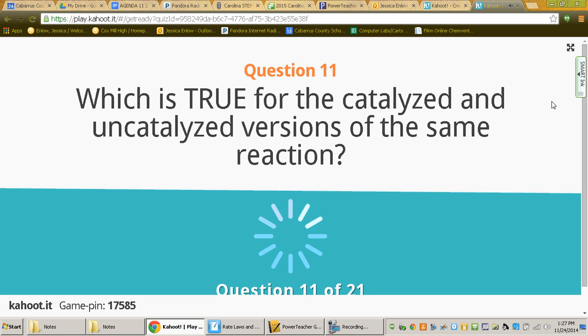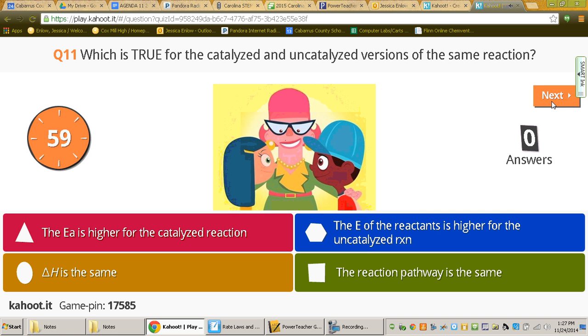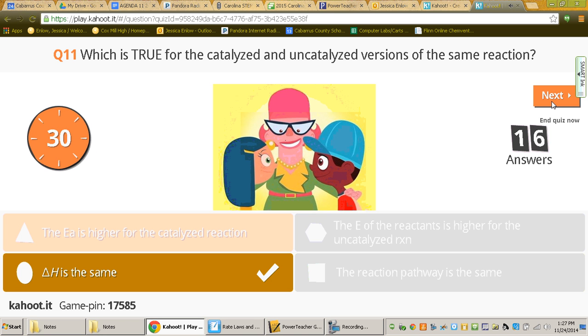Which is true for the catalyzed and uncatalyzed versions of the same reaction? I can't project.